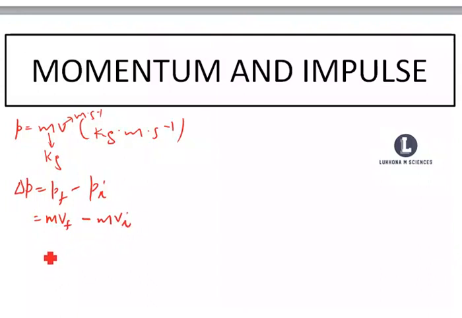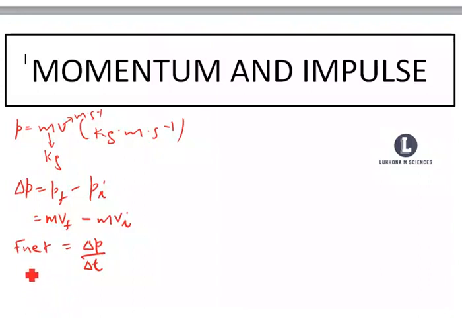Then we have Newton's second law in terms of momentum, which states that the net force acting on an object is equal to the rate of change in momentum. So F net is equal to change in momentum over change in time. Now, there are applications of impulse, we'll get to that.